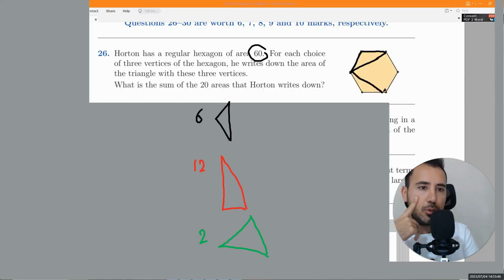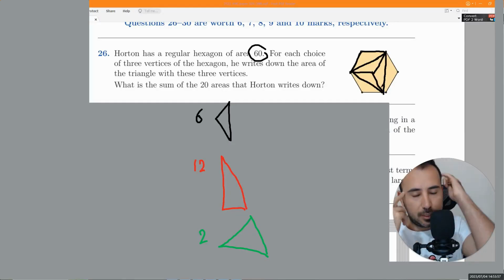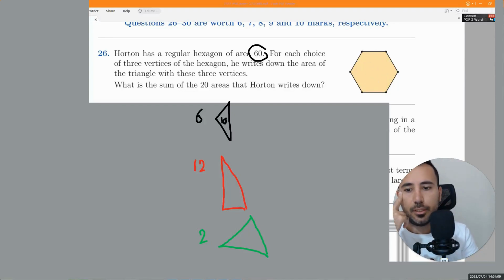This is going to be 2. This would be 3 of them. But if this is the center, you would see that I could turn it into 6 of these. So the area of this, 60 divided by 6, the area of this was 10. So this is 10. Let's see the story for the other ones.